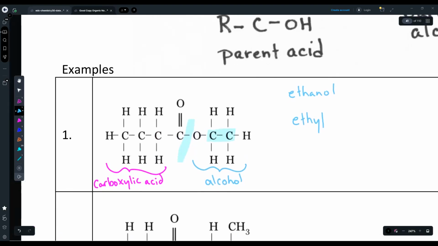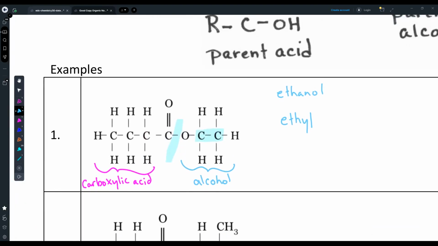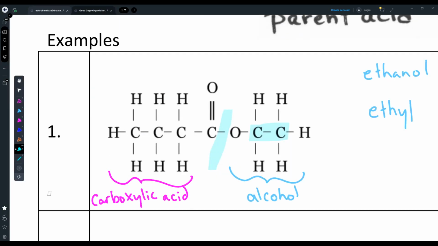Now for the carboxylic acid, which comes last in the ester name. We need to figure out how many carbons are present in the part that comes from the carboxylic acid. You can't forget about this carbon, because it's included in the parent chain.